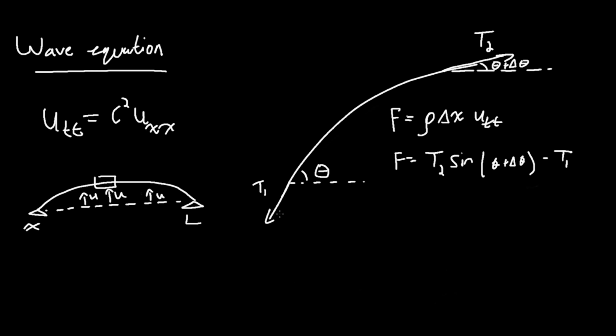This vector is cos, and then this would be sine. Looking at it like this, I just have to believe it for a second. Sine of theta here.